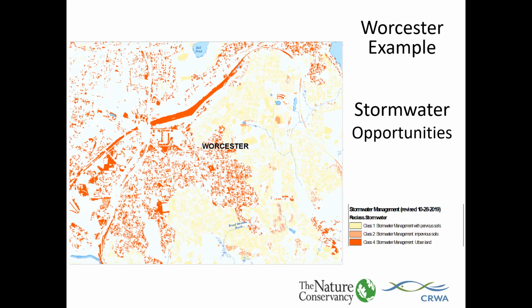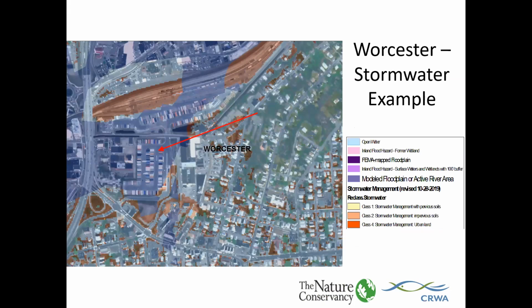And I'm going to zoom into one spot here that's showing, now I've overlaid our flood hazard layer. You can see this parking lot is getting pulled out as a potential place where you could work on stormwater remediation, and that might also address the flood hazard.